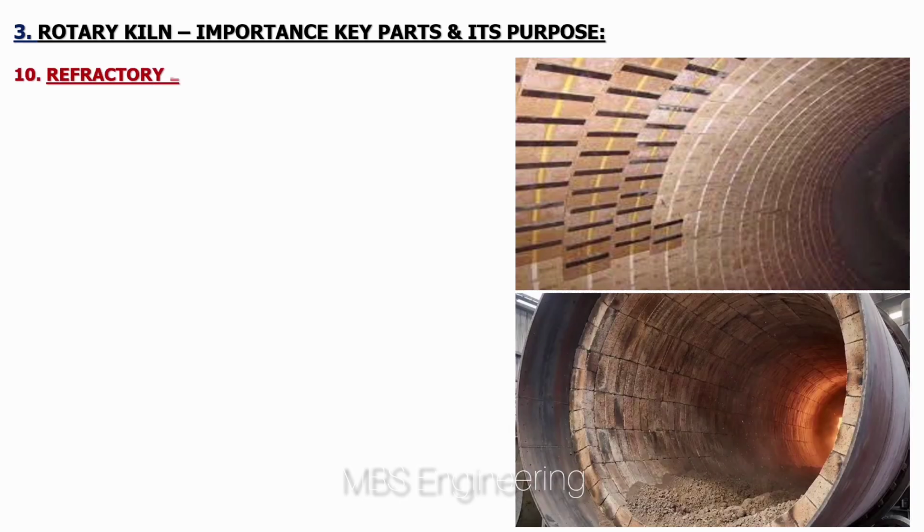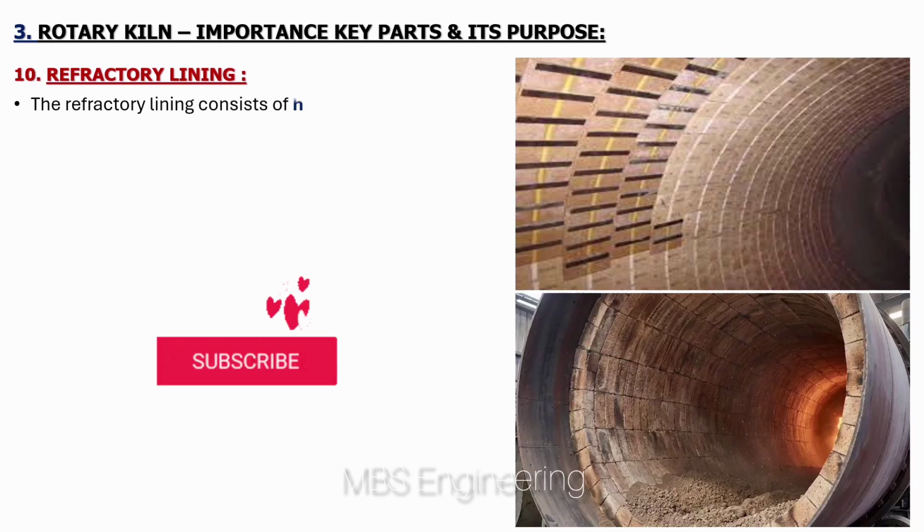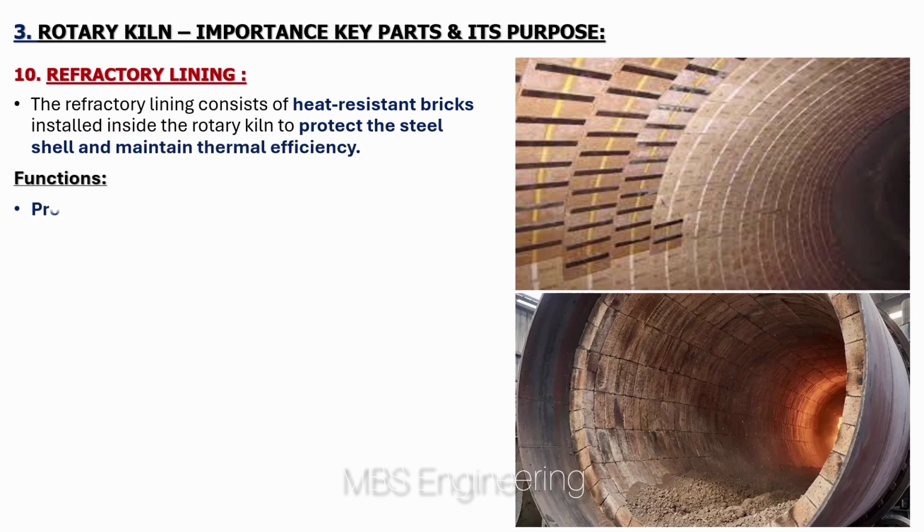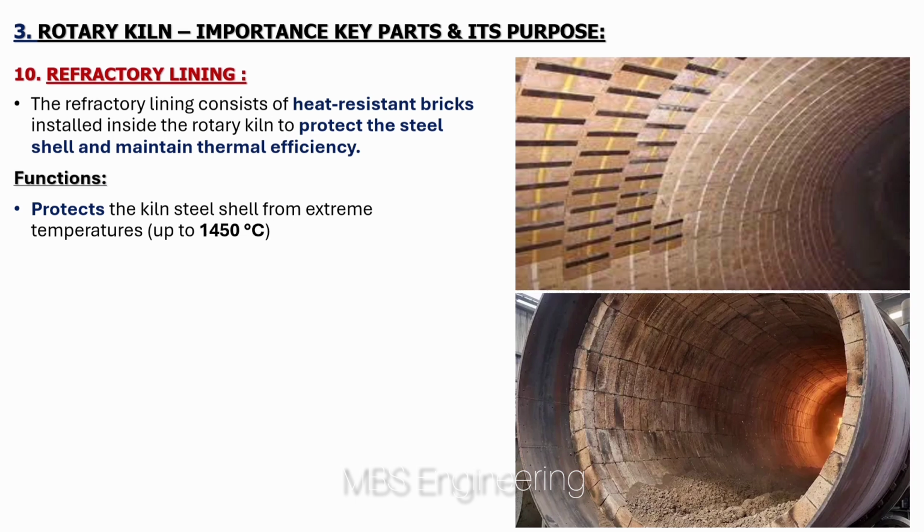The 10th important key part is the refractory lining. Please refer to the picture showing the refractory lining. The refractory lining consists of heat-resistant bricks installed inside the rotary kiln to protect the steel shell and maintain thermal efficiency. Functions: protects the kiln steel shell from extreme temperatures, up to 1450 degrees Celsius.